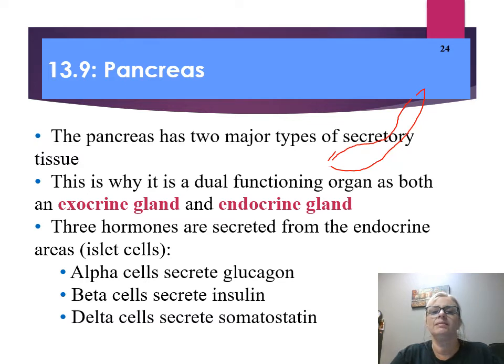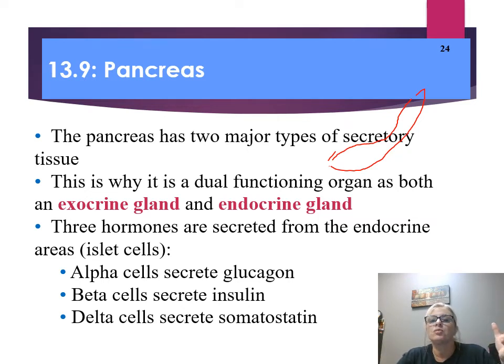It's kind of shaped like that. The duodenum is a duct that actually attaches the pancreas to the small intestines, attaches the two together. So the endocrine portion of this has pancreatic islets, or islets of Langerhans.